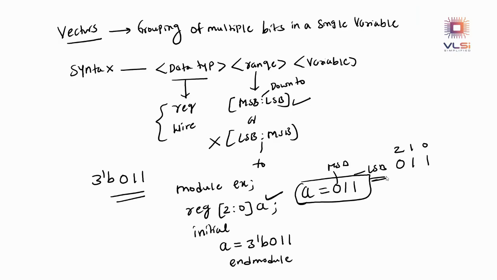Okay, so these are vectors. Suppose you want to store 4-bit data. Let us take the 4-bit data as 4'b0111.